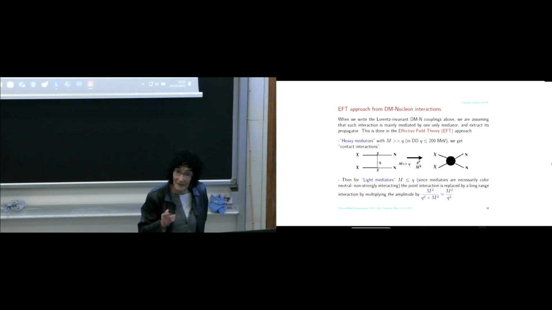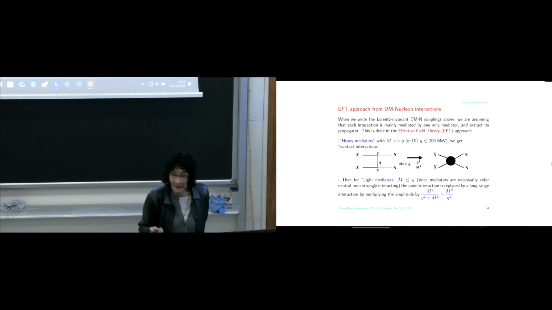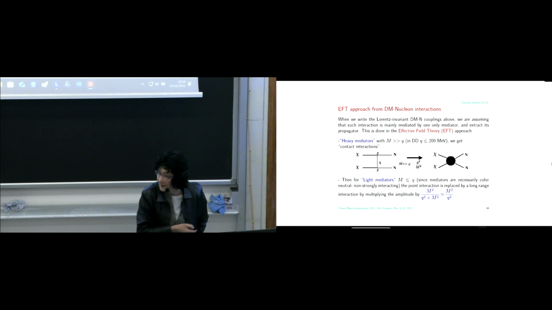Phenomenologically, any mediator of dark matter interactions cannot really be strongly interacting, so it doesn't affect the response of your nucleons. Then you just put it outside and replace whatever amplitude you computed by a long-range interaction. This factor will multiply to the square in the cross section, and that's the strategy.